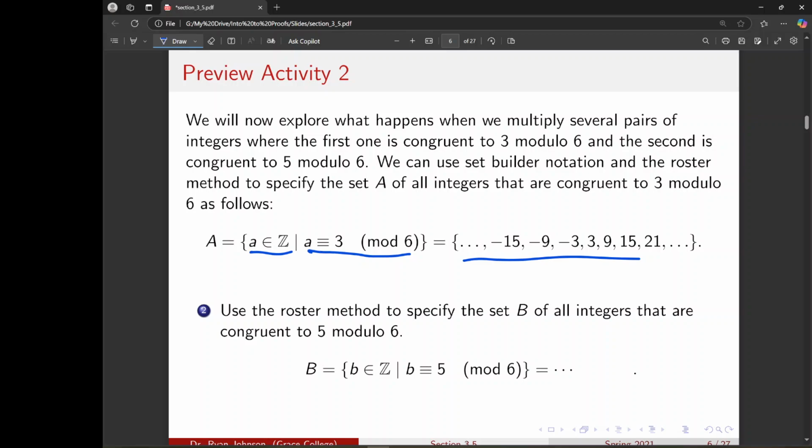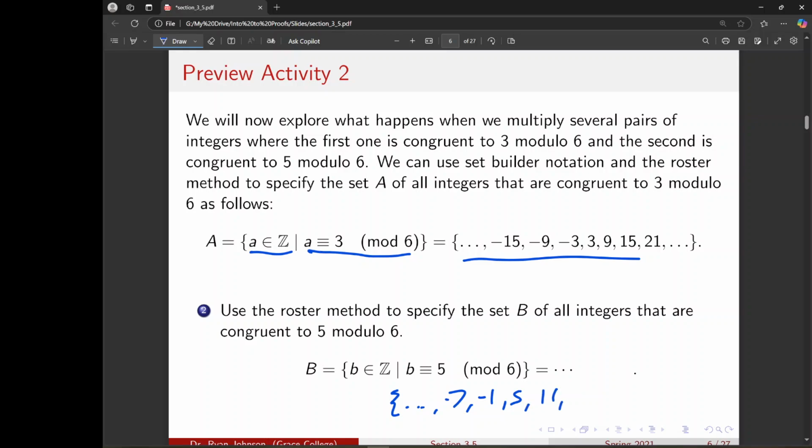Now use the roster method to specify the set B of all integers that are congruent to 5 modulo 6. So things that are congruent to 5 modulo 6, one of them is going to be 5. Let's go backwards first. So you'll also have -1, -7, dot, dot, dot over here.